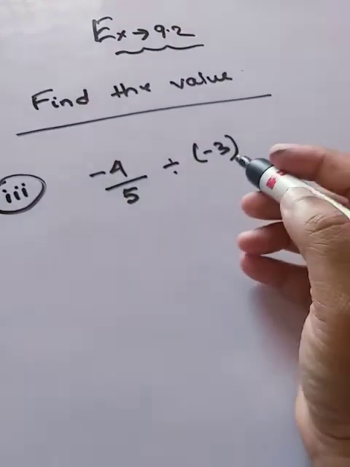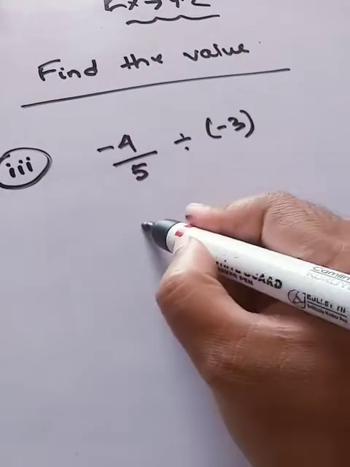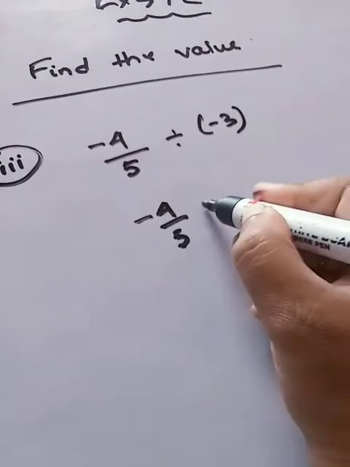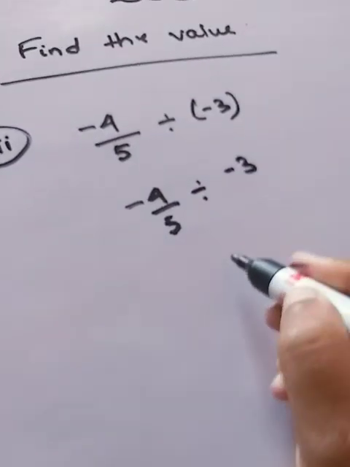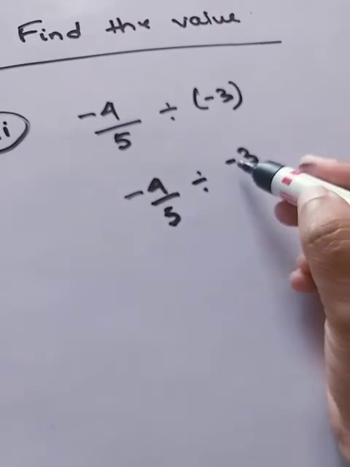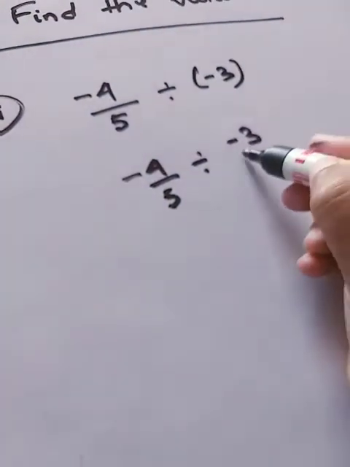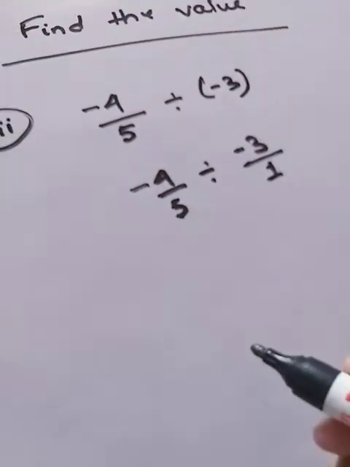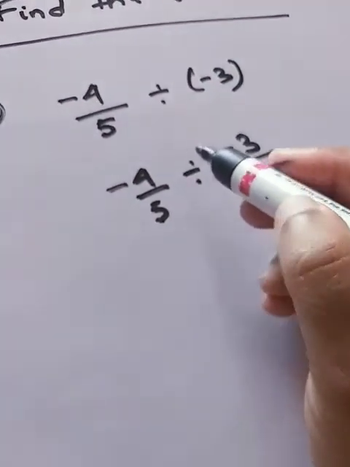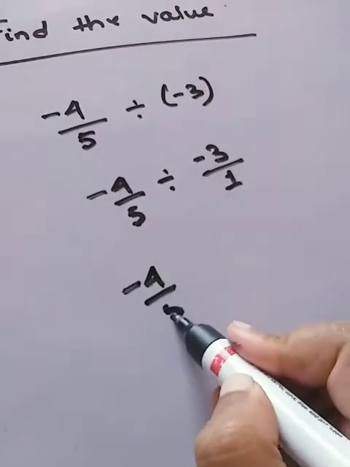Now again what we have to do is first open the bracket. When we open the bracket, it looks like this. As you know, if it is written only minus 3, minus 2 or 2 or 4, that means these numbers have 1 as a denominator. Now we have to replace this sign with a multiplication sign.